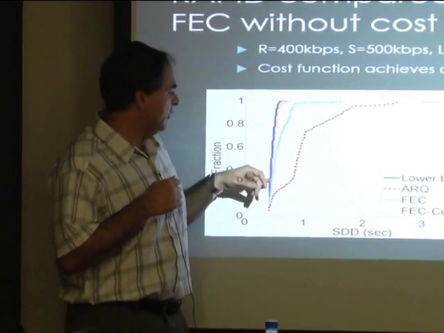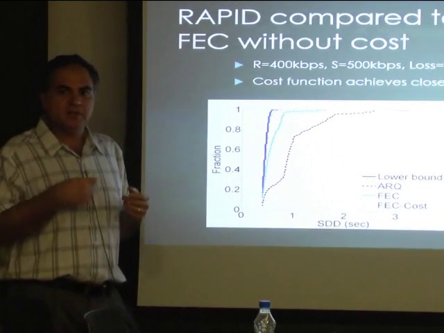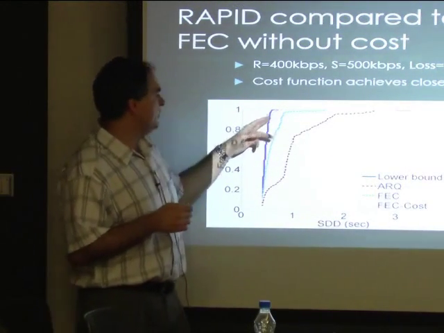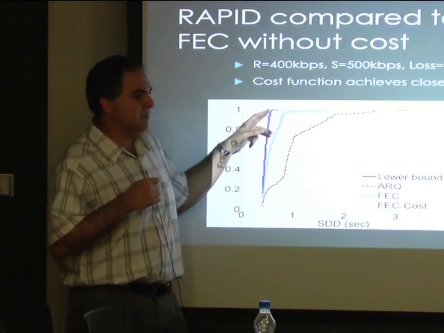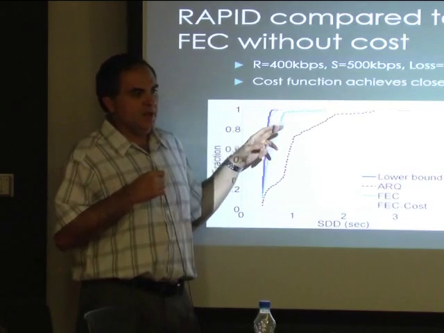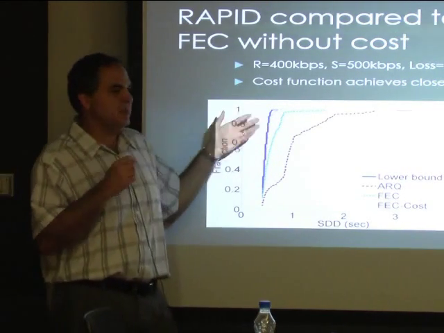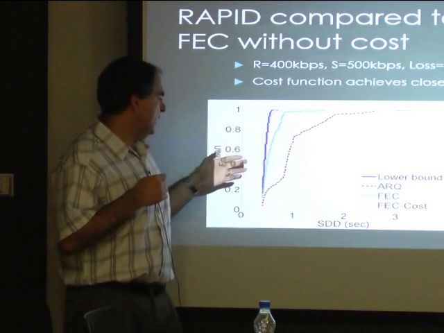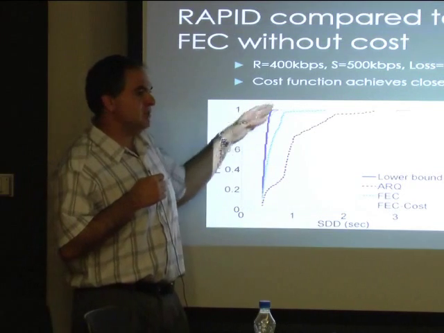The purple curve is FEC with the cost function invoked, trying to optimize when to send FEC packets. And the blue curve is prior knowledge, so I know which packets are going to be lost and I'm just going to send them always.